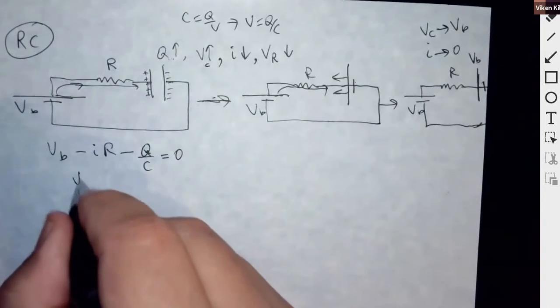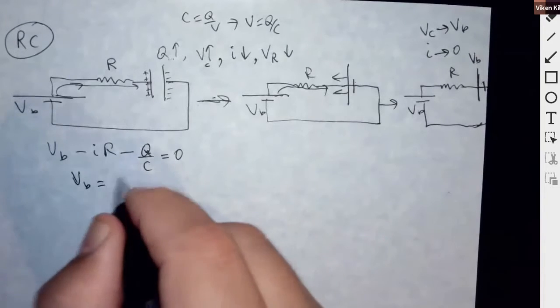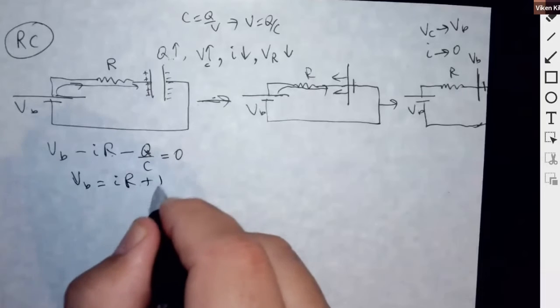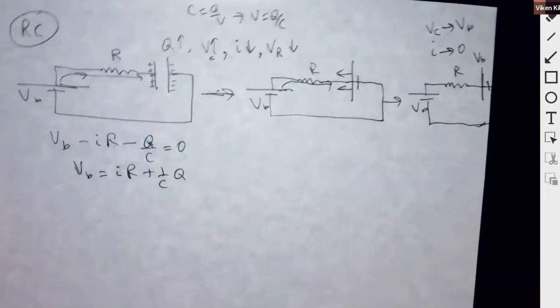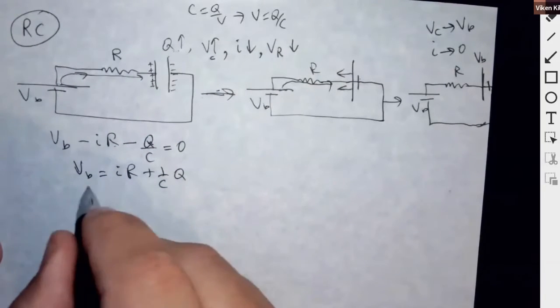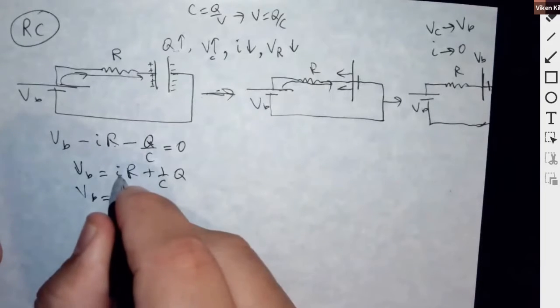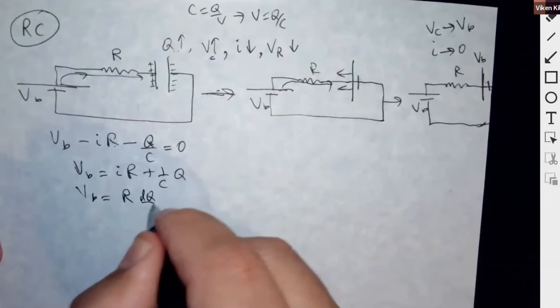So we set up here, let's see, this goes over there: IR plus 1 over C Q equals the battery voltage. And then we can say R, and I is equal to dQ/dt.